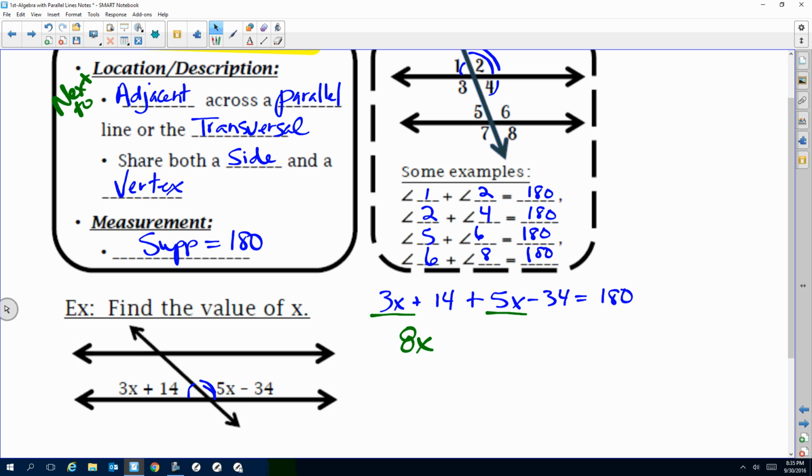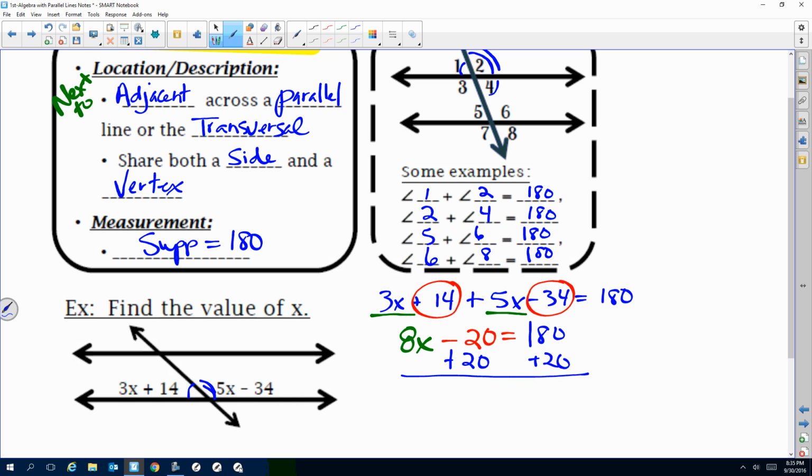And then I have a positive 14 and a negative 34. So basically I'm saying 14 minus 34 will leave me with a negative 20. And that's going to equal our 180. So when I solve for x, I'm now going to add 20 to both sides. So the 20 can cancel out, leaving me with 8x equals now 200. And then when I divide by 8, we will have x equals 25.